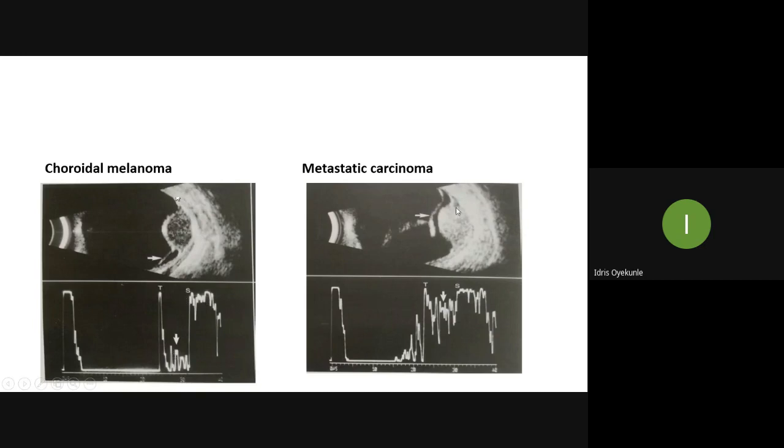This is also quite uniform, but it has more brightness to it, which reflects that you expect to see very reflective spikes here. The internal structure is also regular, because it's uniform, and this is what is observed here. So it's quite regular, but the reflectivity is higher, even for the internal structure as well. Meanwhile, in the choroidal melanoma, it has a very low reflectivity here, and it's also uniform.